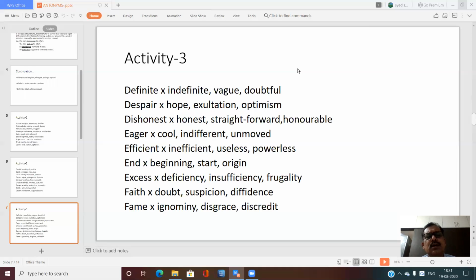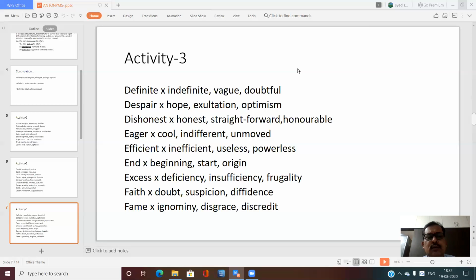Next, dishonest. Opposite words: honest, straightforward, honorable. Next, eager. Opposite words: cool, indifferent, unmoved, insincere.